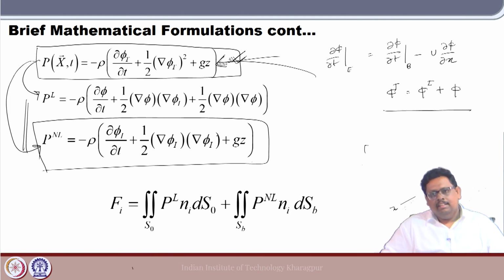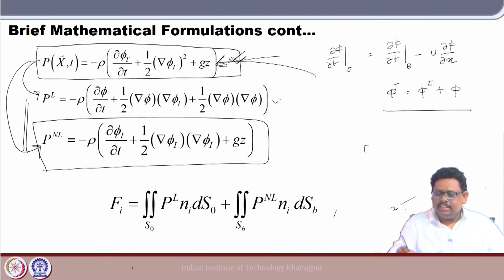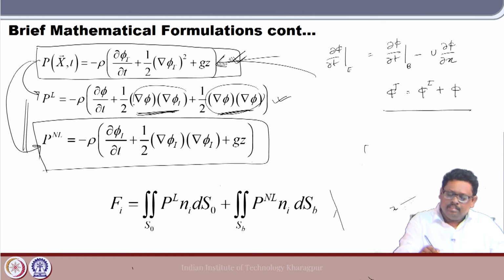Now, anything that involves phi, anything that involves phi we solve linearly. Okay. Now, if you look at this expression, when you do this del phi t square, that is a plus b whole square. So, a square plus 2 a b plus b square. So, you can see that the a b part and then the b square part, we are here in the linear part, because here we have this phi.